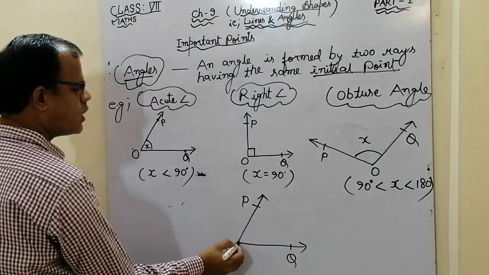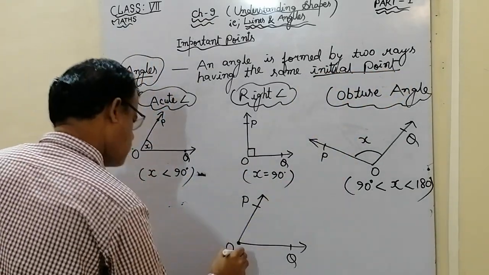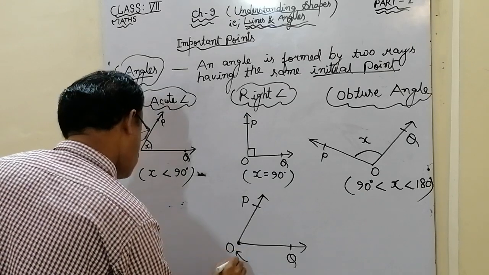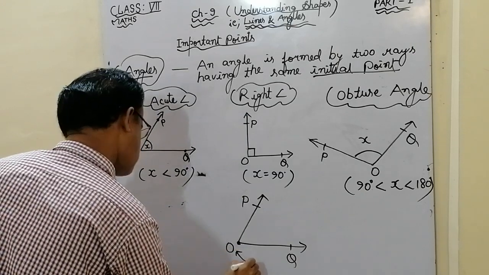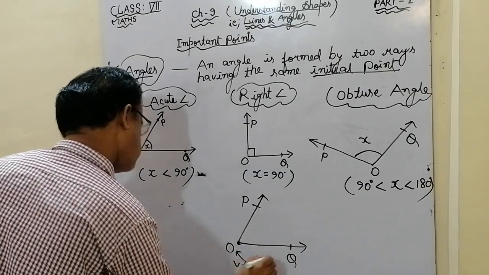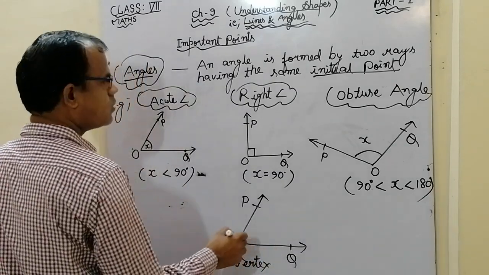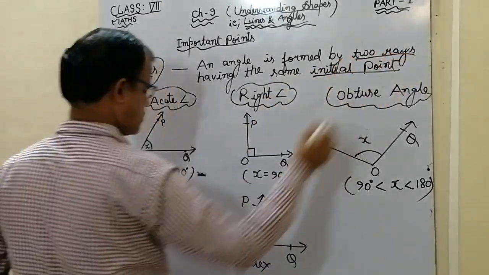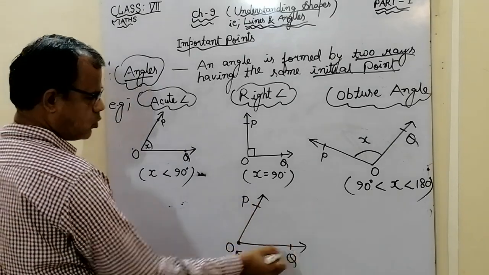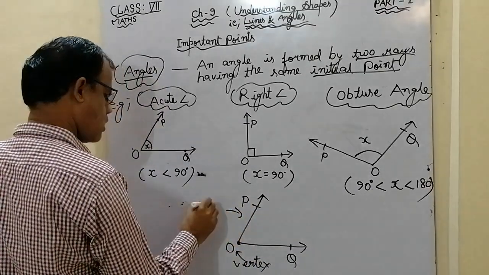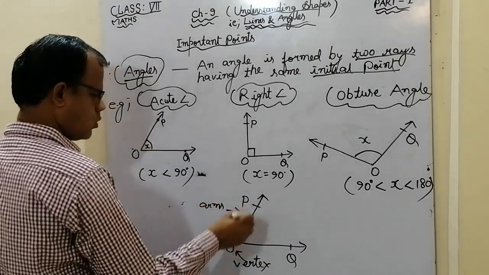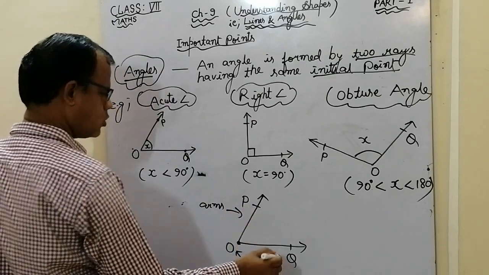Here the initial point is O. This O is known as the vertex, and OP and OQ are 2 rays, so these are the arms, OP and OQ.